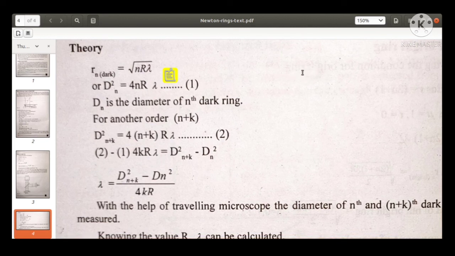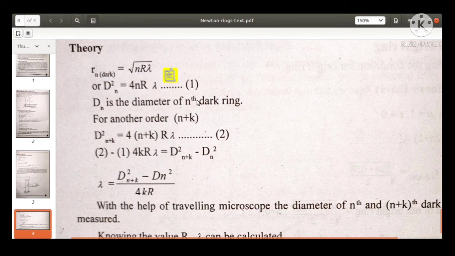If we represent diameter by capital D, then r is D/2. So writing r² in terms of D, we get (D/2)² on the left side and nRλ on the right side. The D² stays on the left and the 2² goes to the right side, so we get Dn² = 4nRλ. So this is equation 1.